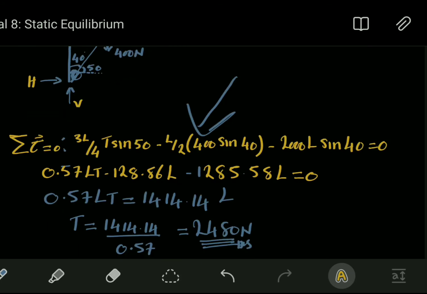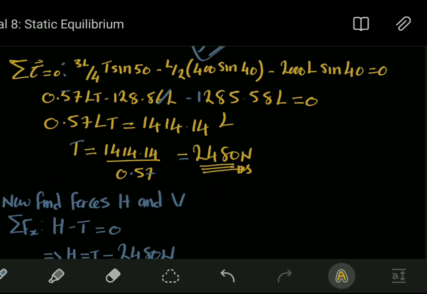Therefore we take this to the other side, and we're going to remain with 0.57 LT equals 1414.14 L, from which we can obtain T as 2480 newtons.